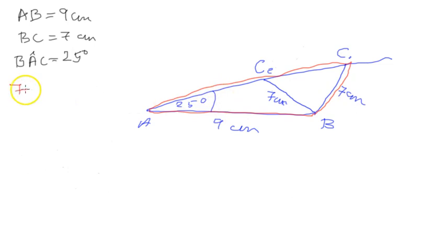So that's 7 over sine 25 is equal to 9 over the sine of the opposite angle, which is C1.